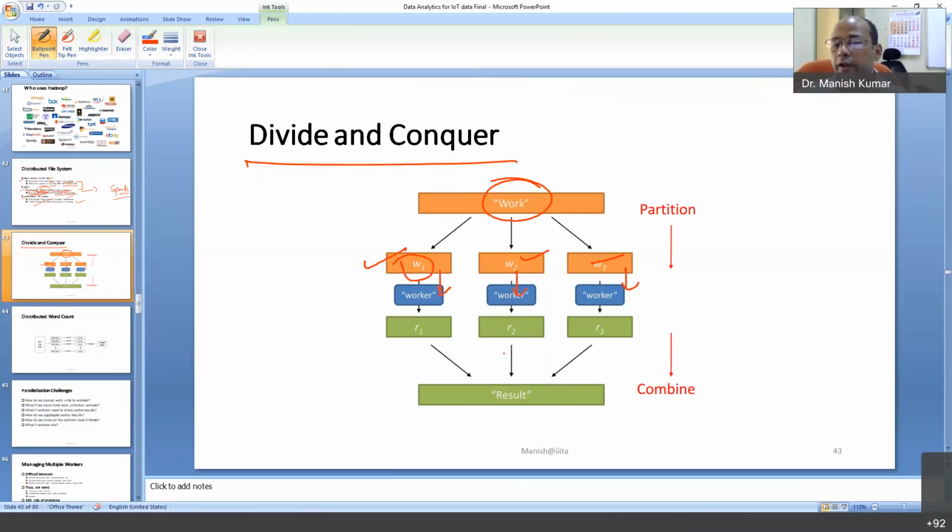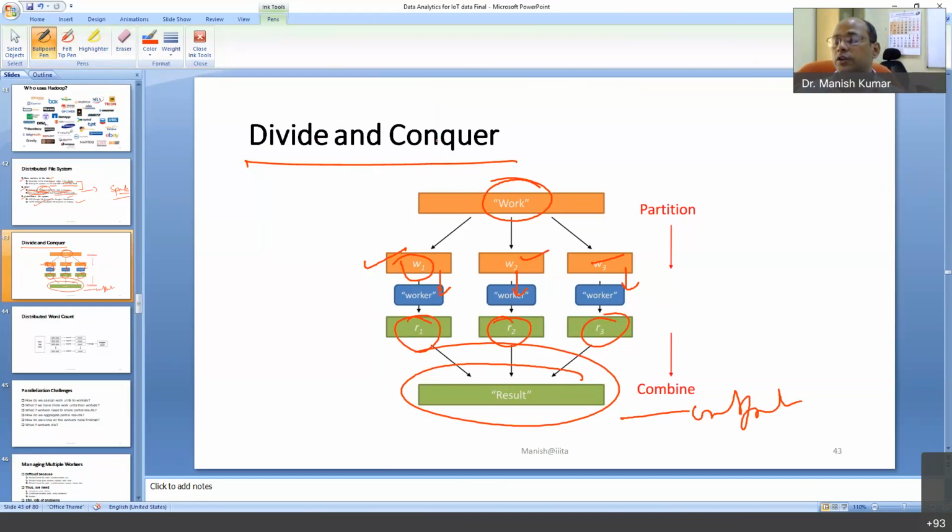That means individual slave nodes generate results for whatever work you have assigned to them, and then ultimately you combine the results and you get the output. So it is basically following the technique referred to as divide and conquer.